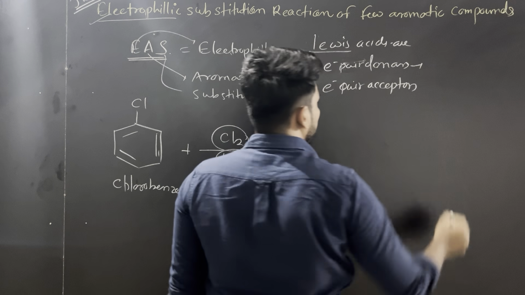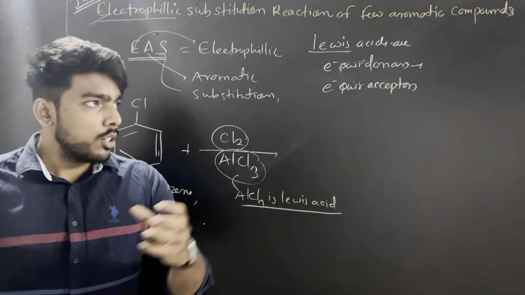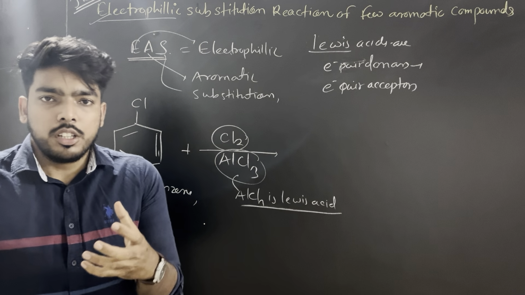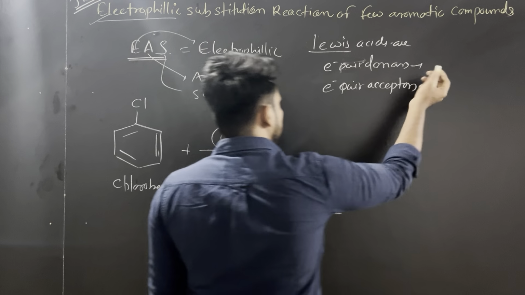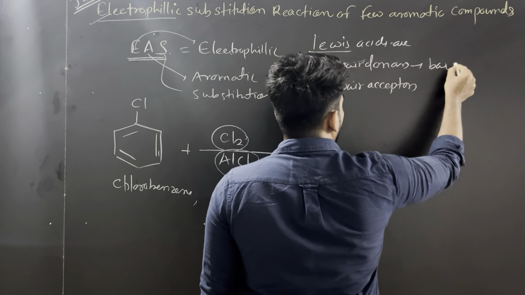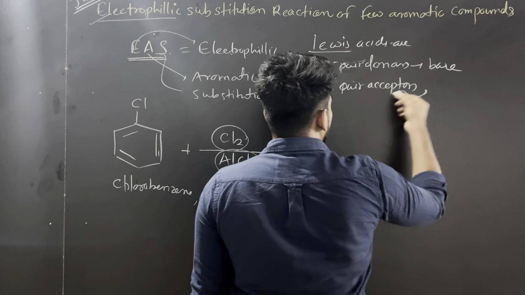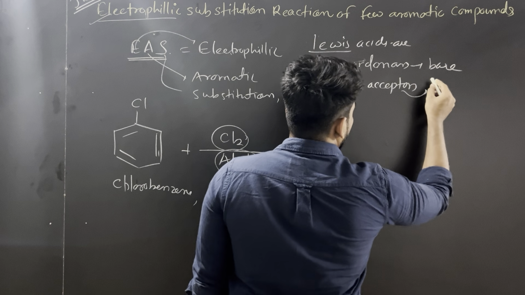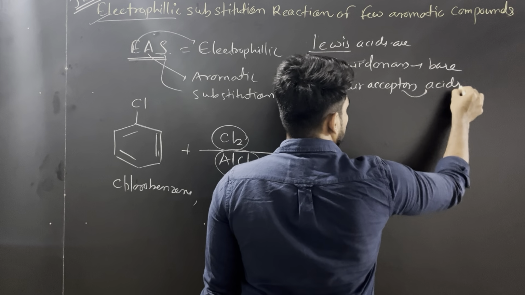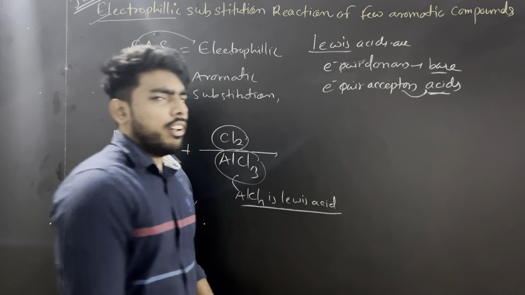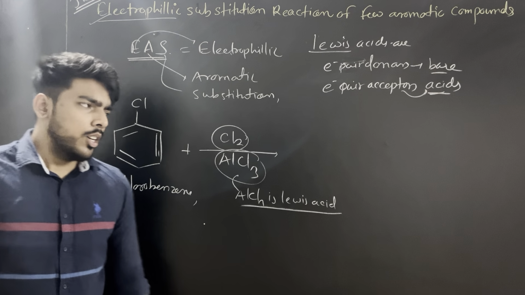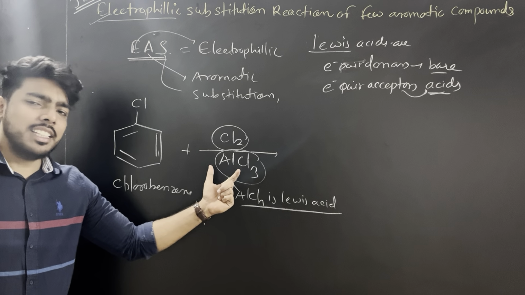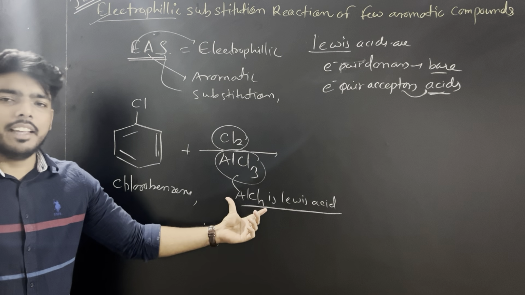The molecules which donate a pair of electrons are called bases according to Lewis, and those which accept the electron pair are called acids. So we have a definition of Lewis acids and Lewis bases, and we all know that AlCl3, aluminum chloride, is a Lewis acid.